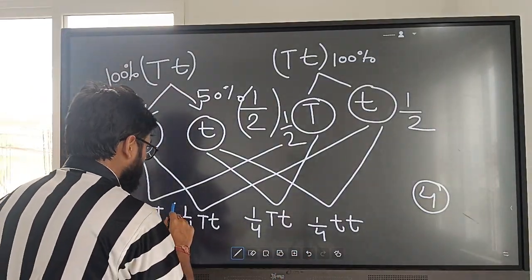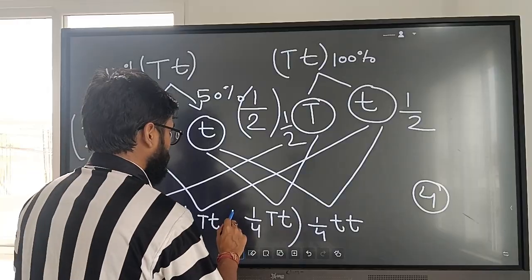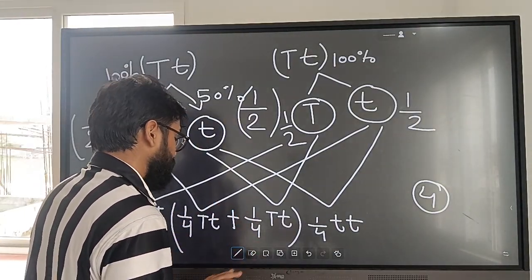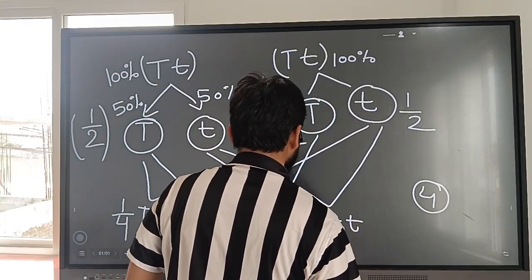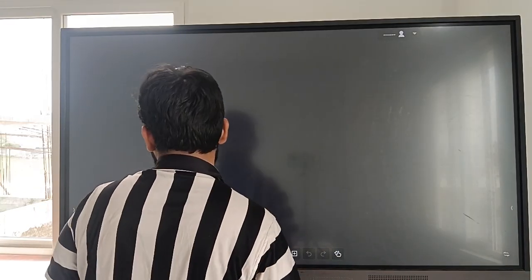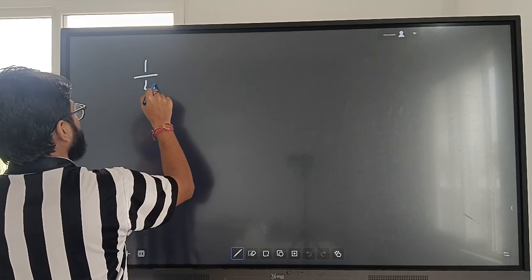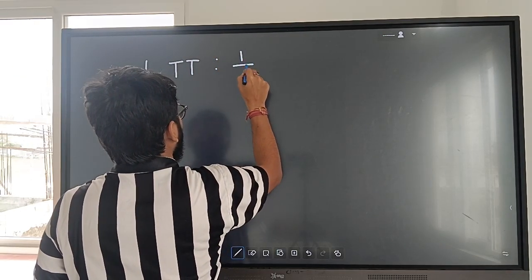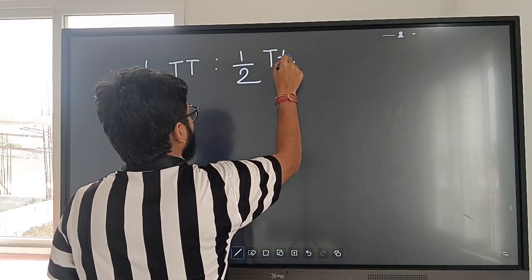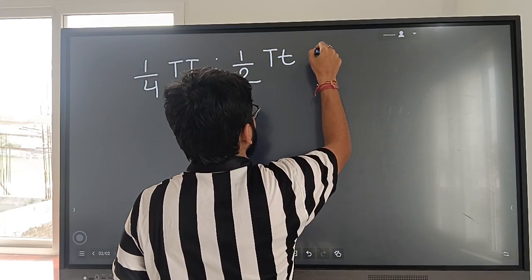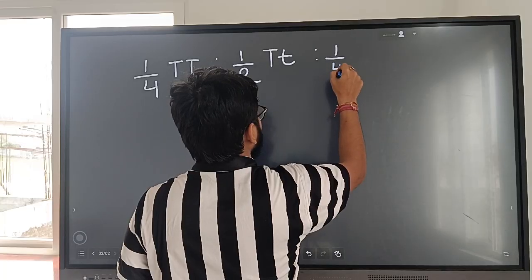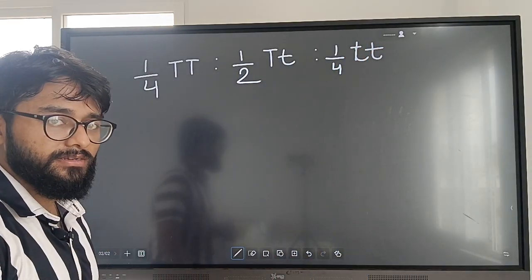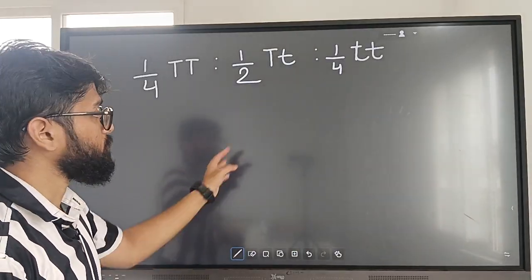Now we can simply add these two, because they are the same types. So we will get 1/4 capital T in ratio with half, and 1/4 small t. This is the ratio that we get through probability itself.